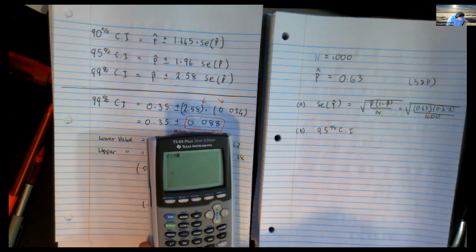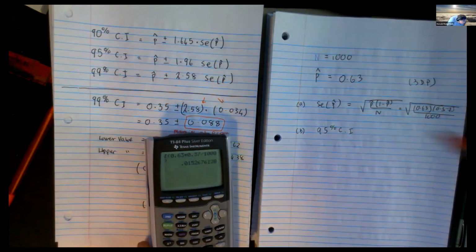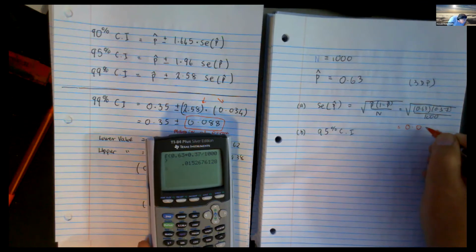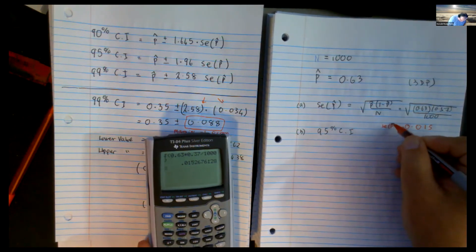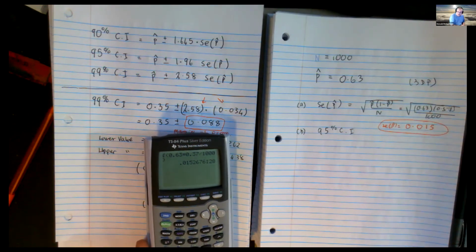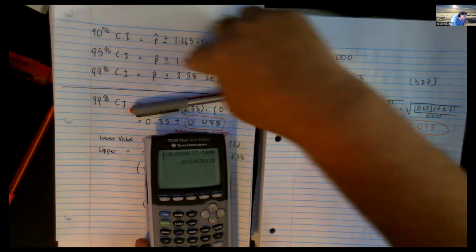Well, 0.63 times 0.37 divided by 1,000. And to 3 decimal places, 0.015. There we go. Are we okay about the formula that I used and how I got that answer? Comfortable? Okay. Now, the 95% confidence interval is going to be this middle one, right?